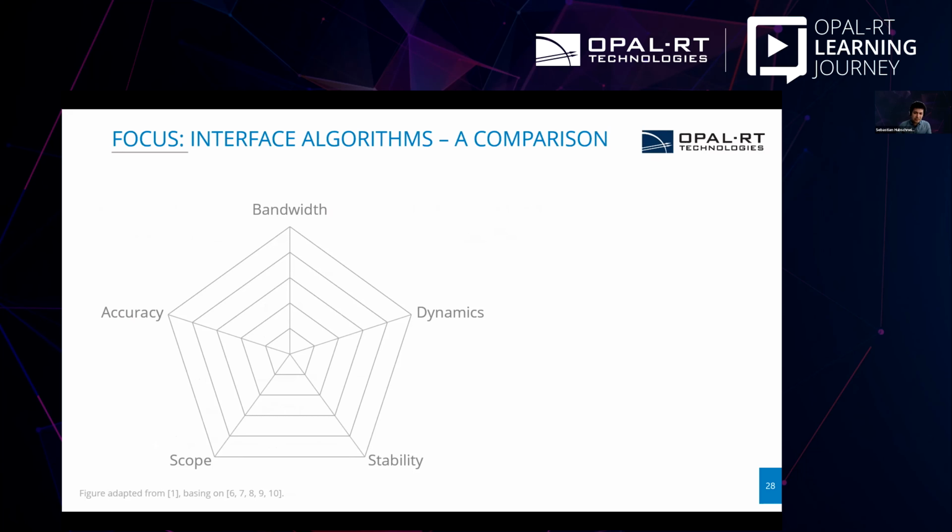The most relevant characteristics of an interface algorithm, in my opinion, are the bandwidth and the dynamics, the stability of the overall setup, the scope, which here would basically mean the application range in terms of different test cases, and last but not least, the accuracy. So an optimal interface algorithm would obviously cover all characteristics in an ideal manner. Now let's start with the ideal transformer method.